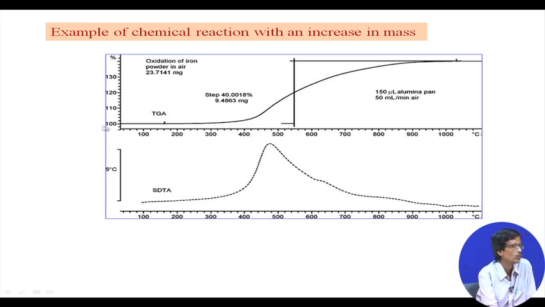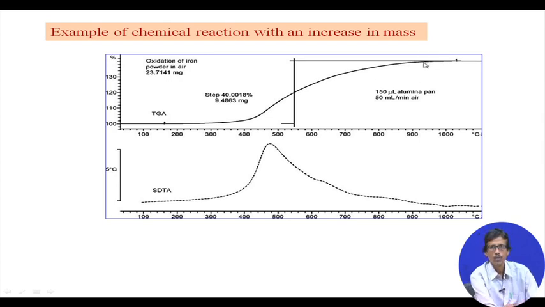So, your mass which was originally 100% with regard to your 23.7141 milligram of iron powder is gaining a weight of 9.4863 milligrams. So, this particular weight will also tell you what is forming over here.